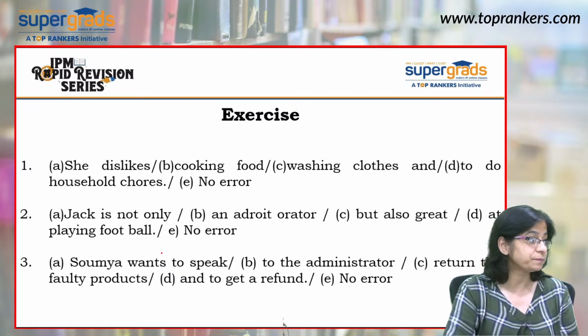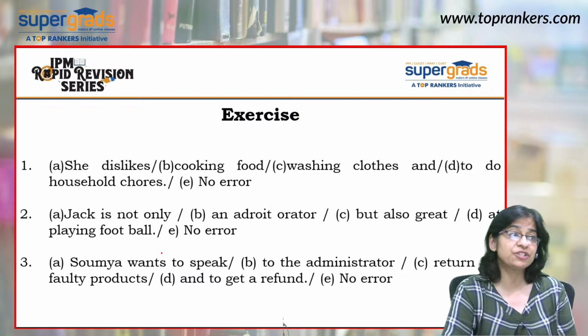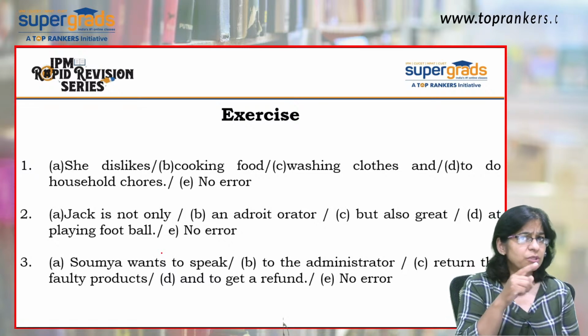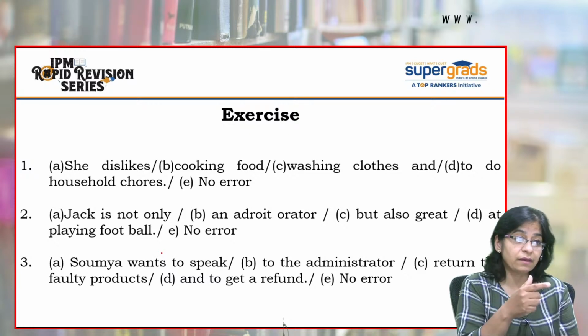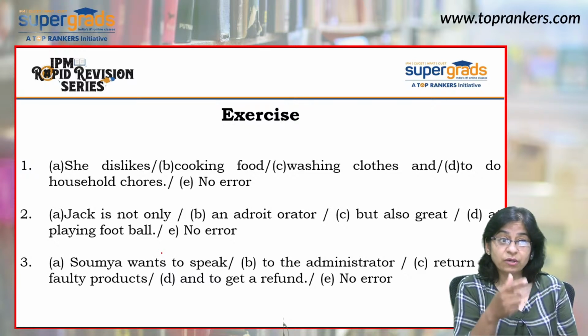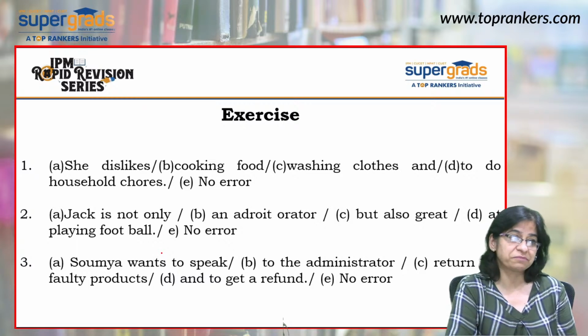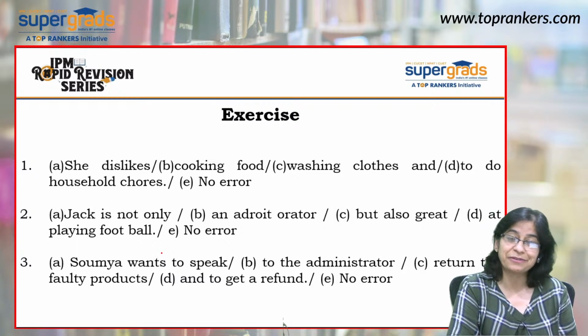So here we go. The first one: she dislikes cooking, washing clothes, and to do household chores. What all does she not like? Either the sentence is correct or it's not. You decide.